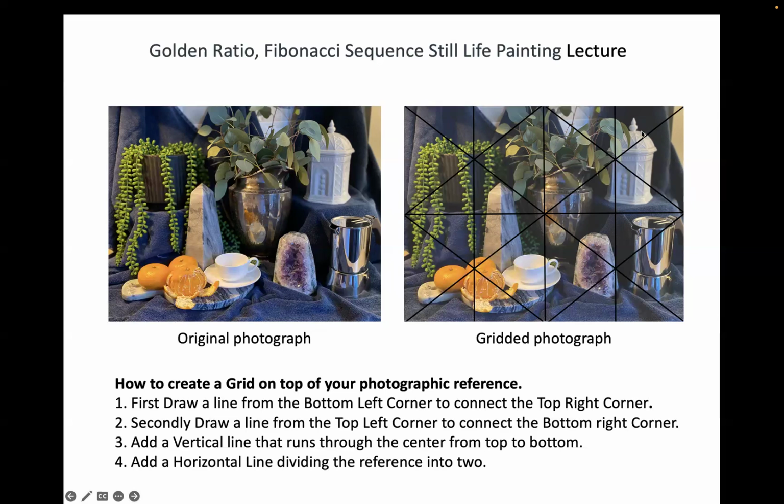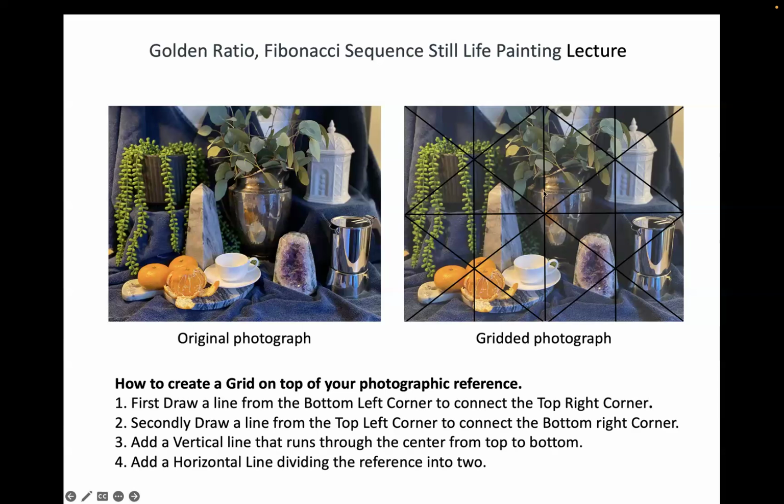Now, first, you want to draw a series of diagonals. You can see here, we start from the bottom left corner and connect it to the top right. Then we do the same thing from the top left corner, connecting to the bottom right. You'll see we made a series of diagonals and you just found your center, right?